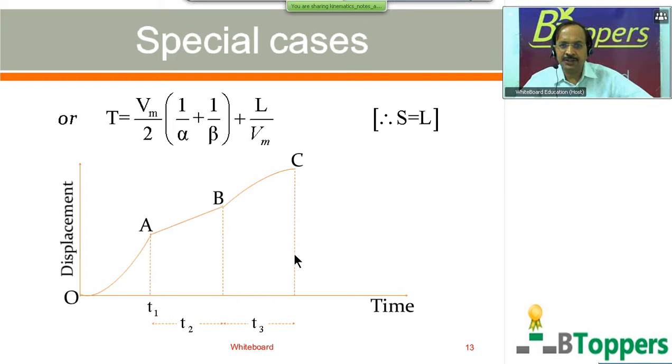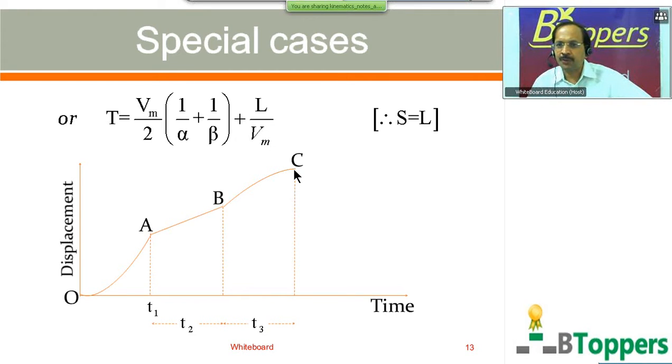Now the next time interval t3, it moves with uniform retardation beta until it comes to rest. You get another parabola here. The curve BC represents the displacement time graph for the uniformly retarded motion.